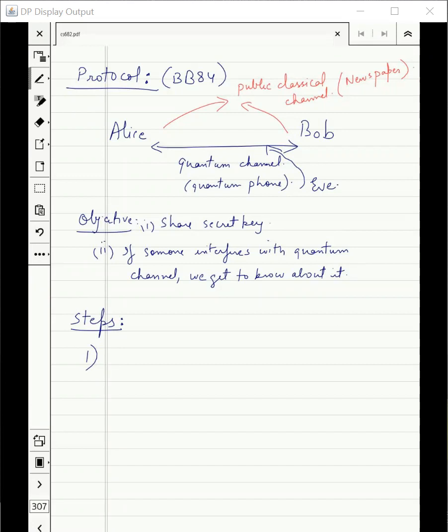So let's say Alice will toss some coins. Alice will come up with a string of length n. This is going to be the secret key. She will toss coins and decide every R1 is this, R2 is this, Rn is this, and send it to Bob. Right? This is our objective.